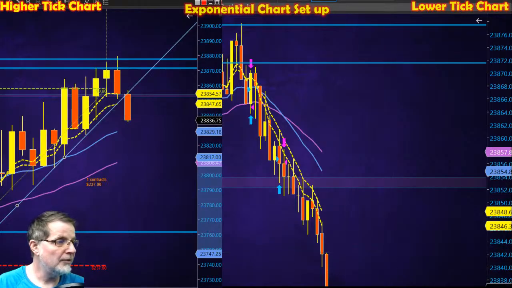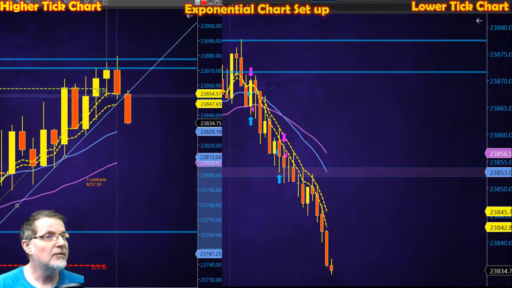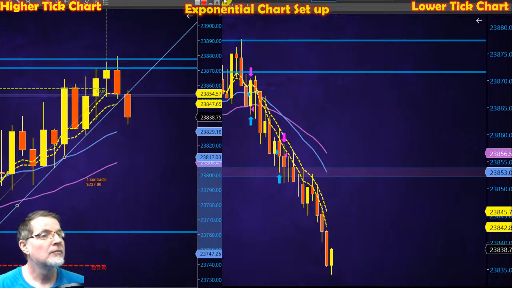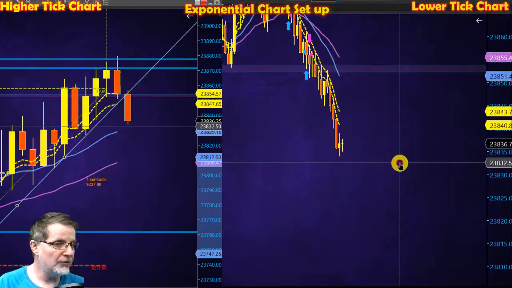It's definitely broken. Can we go short? Not yet. Not yet. This is a good area for a 3-bar reversal, though.